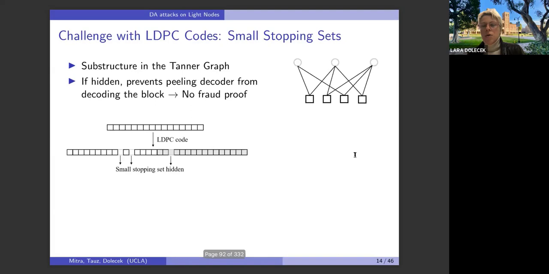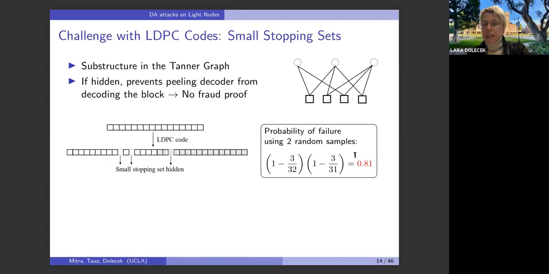So what happens is that if precisely these 3 variable nodes are hidden, if they form that hidden component, then the honest full node cannot decode this, because this is where the decoding stops if you're using a peeling decoder. In fact, if the adversary is clever and precisely hides this particular stopping set, it will prevent the honest full node from decoding the block. And so the honest full node cannot produce the incorrect coding proof, and we cannot provide any further guarantees in terms of the availability of this block.